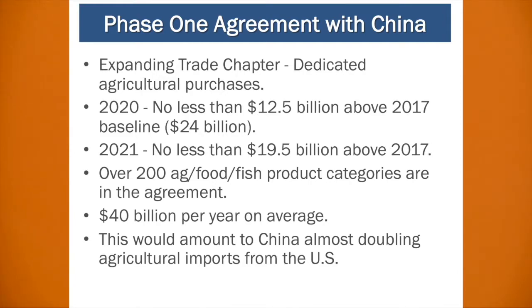If they satisfy those commitments spread out over different commodities at that proportion, we're talking about 300% and 400% increases in agricultural exports in products like soybeans, cotton, and other commodities compared to 2019.